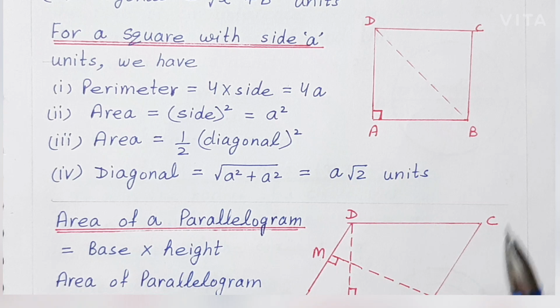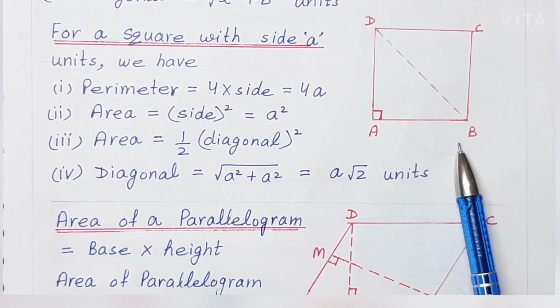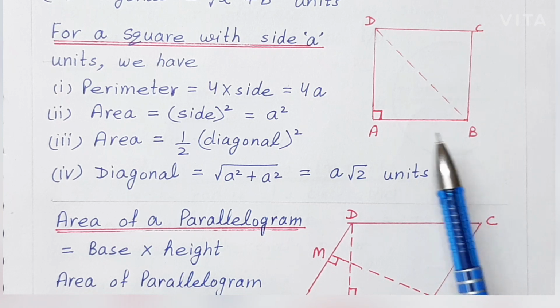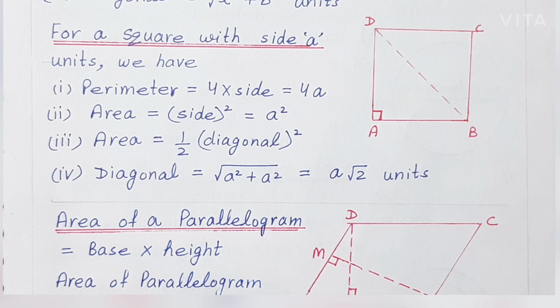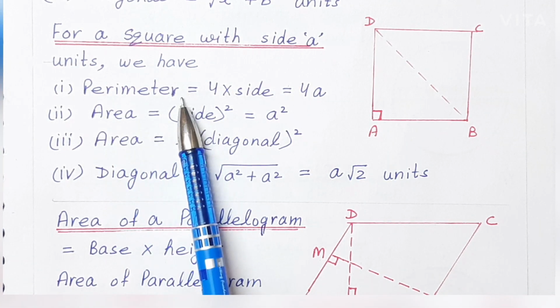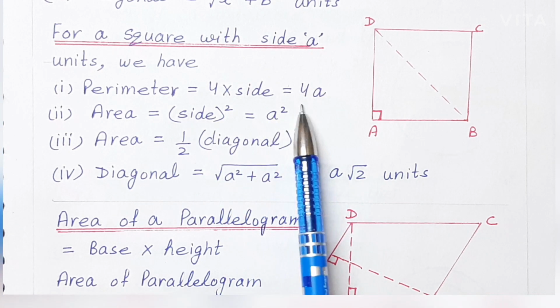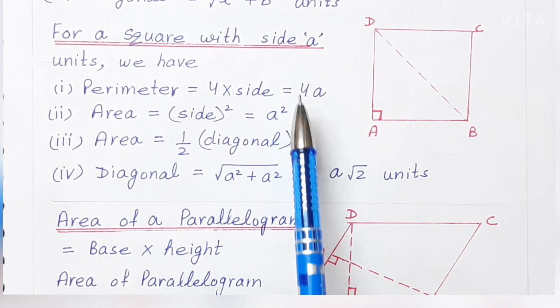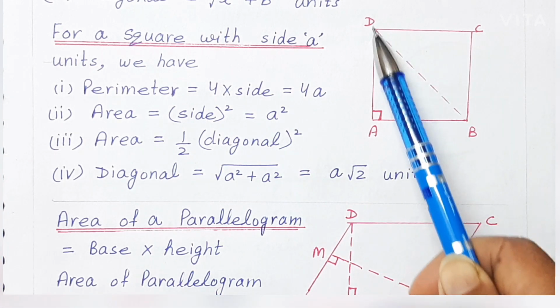Now you can see that ABCD is a square where all the sides are equal. So we have perimeter is equal to 4 into side, that is 4A. We can denote the side by A here, that is AB plus BC plus CD plus AD.